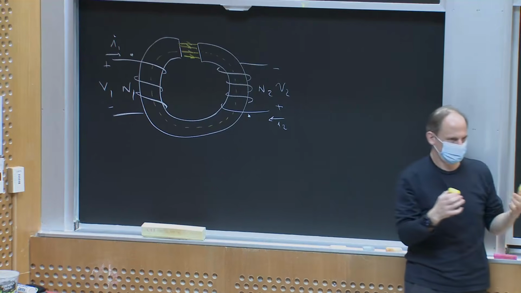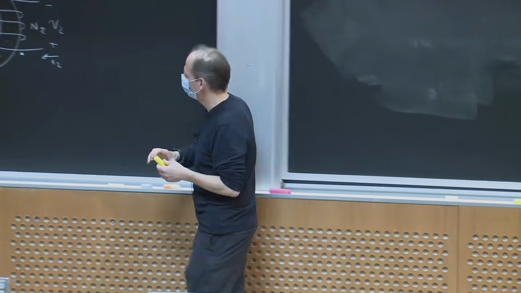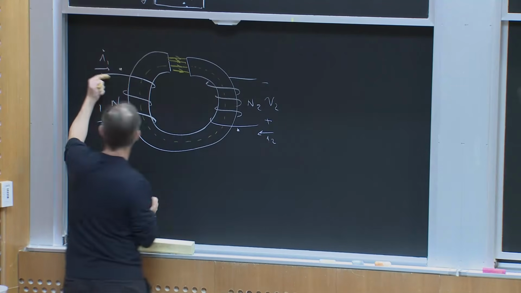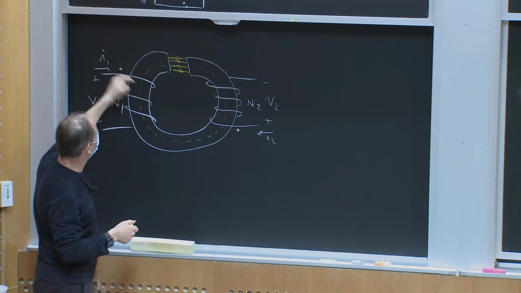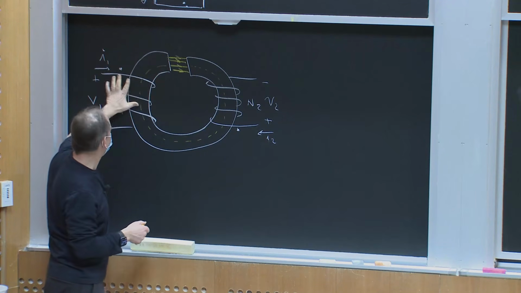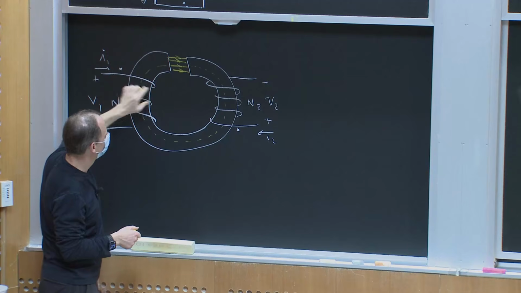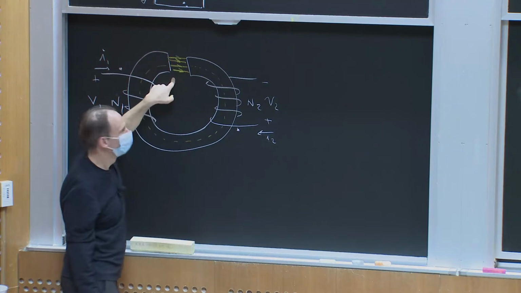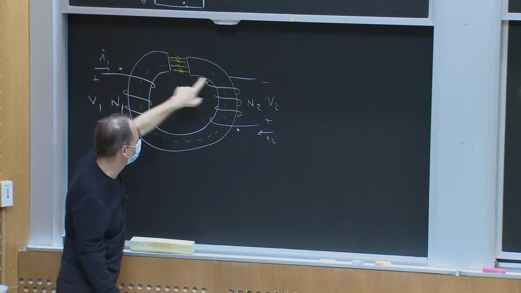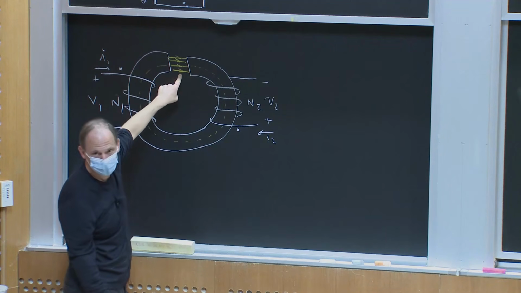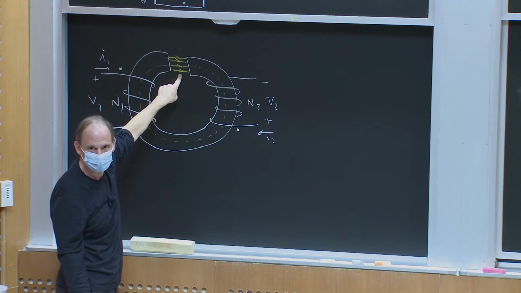So the idea is, if I didn't have a second winding, and I had current in here, the current in winding 1 would be precisely related to the energy stored in the gap, right? If I had no current in winding 1, and I had energy stored in the gap, I'd have current in this winding that would carry current, and that 1/2 Li squared looked at from this side would represent that energy, right?